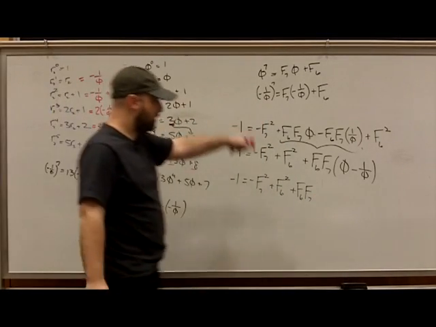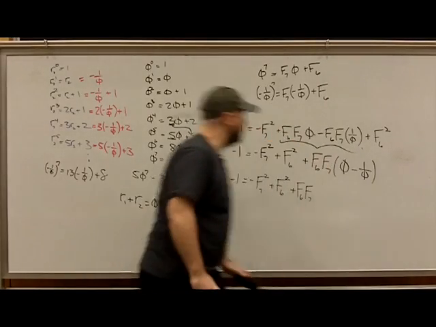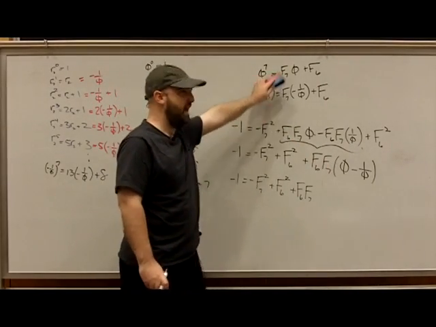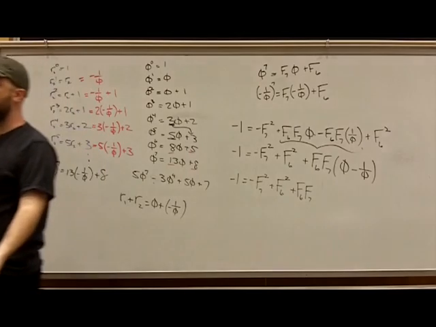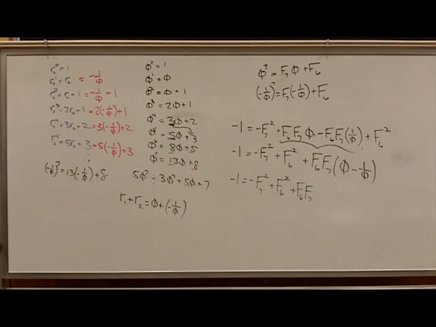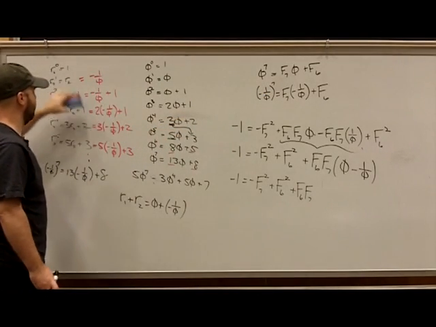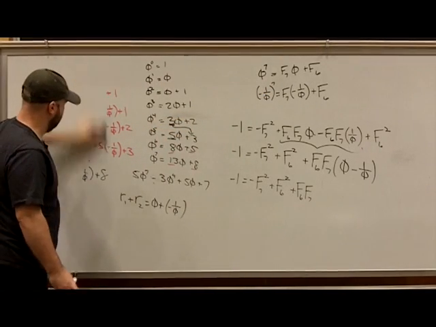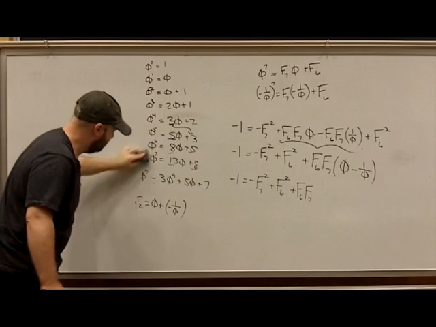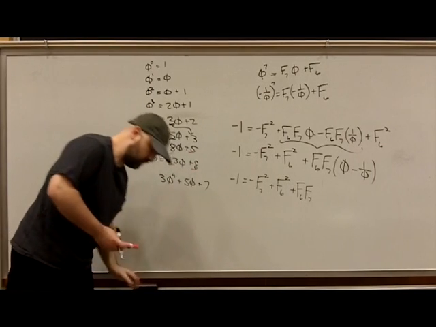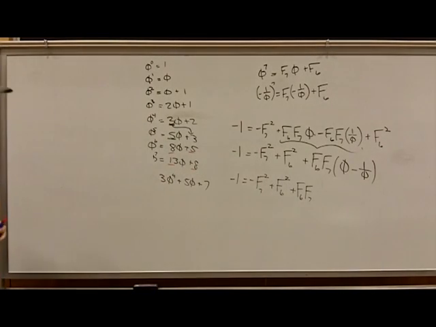Not only that, but we could do this for any Fibonacci number. It doesn't really matter that we had f7 and f6 up here. We could have gone up to any Fibonacci number in our equations right here. So let's take a quick look at what this actually means without getting into too rigorous a proof.